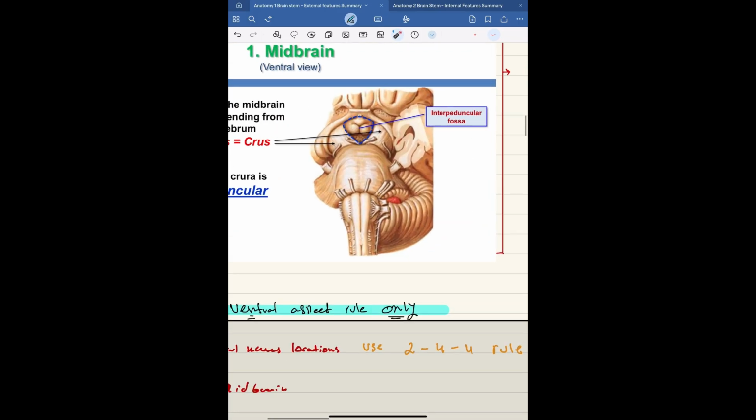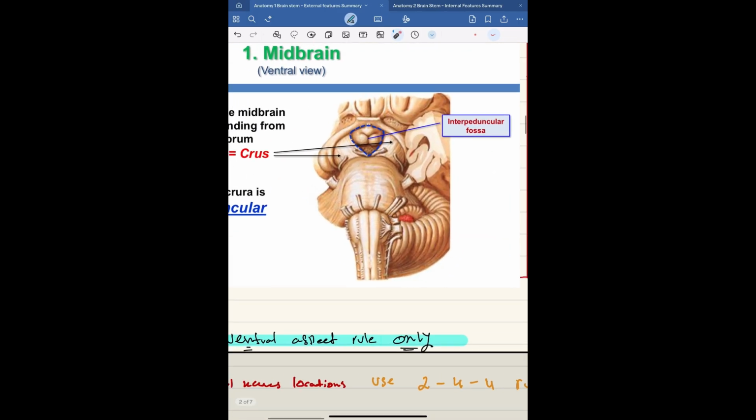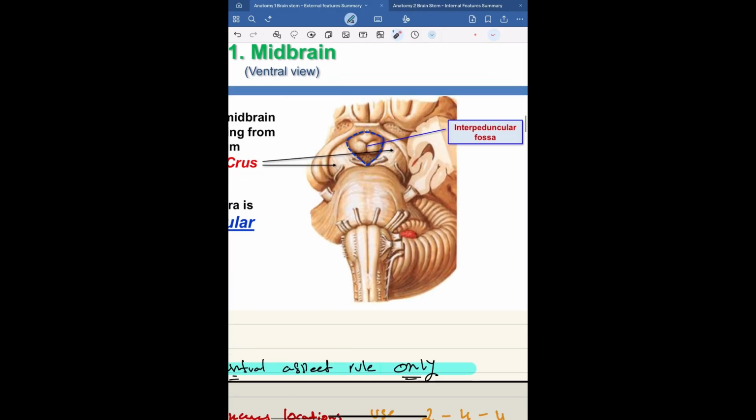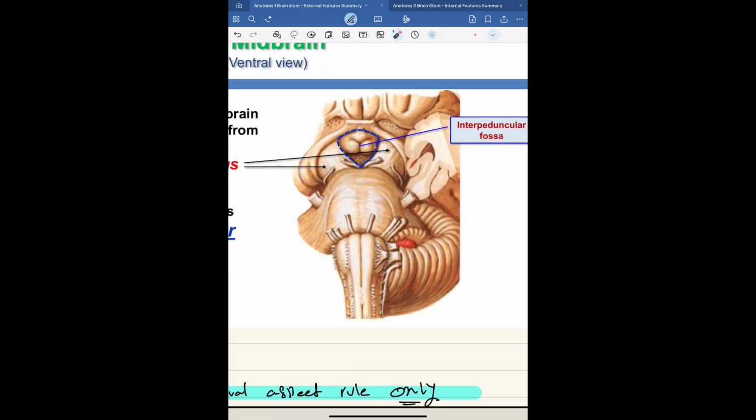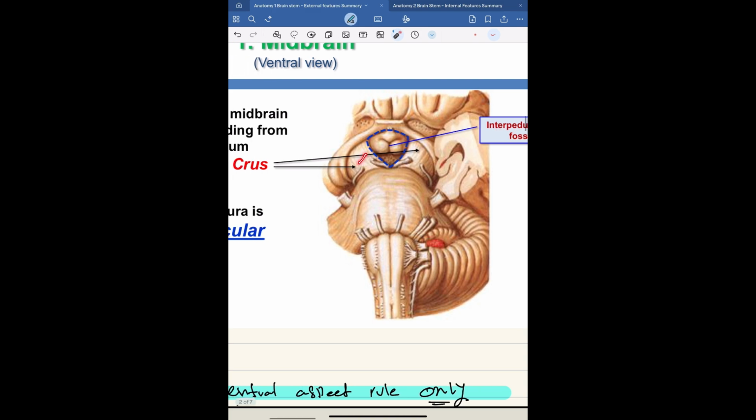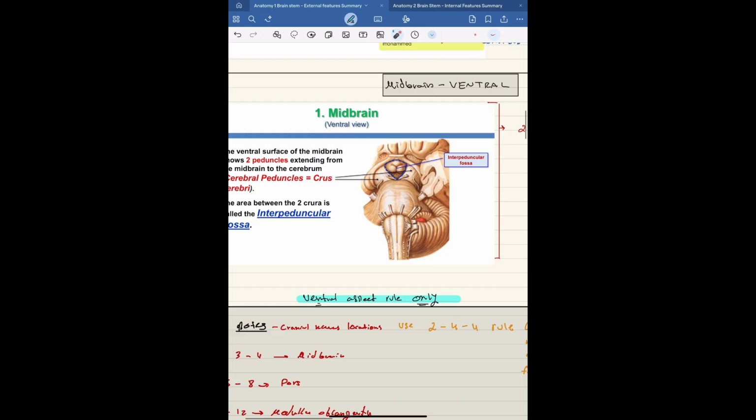So if we take a look at the midbrain itself, here's the midbrain. Okay, and here's also some boundaries that we will see. First things first, two things that you will immediately notice is that we have a fossa called interpeduncular fossa, and on the sides we have the cerebral peduncles, which other name for it is the crus cerebri.